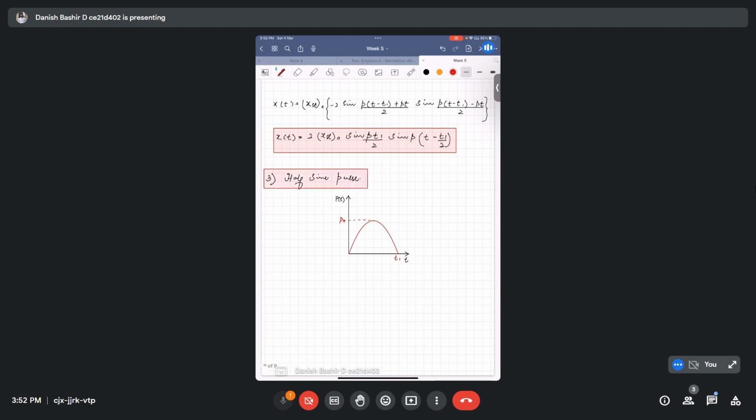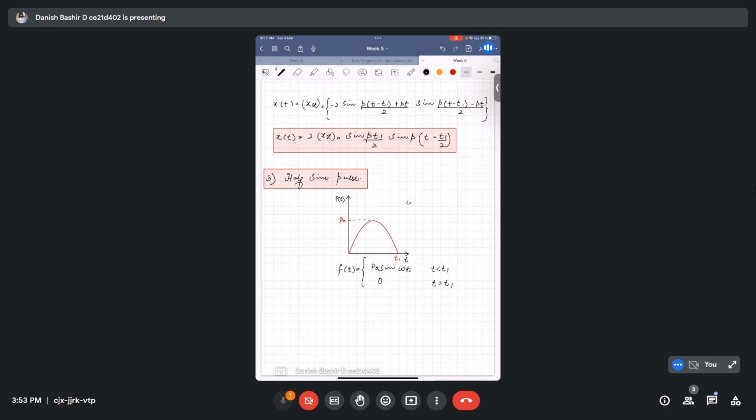It's acting up to time t1. So our f of t, the first thing we have to write, will be equal to p naught sine omega t for t less than t1, and it will be 0 for t greater than t1.